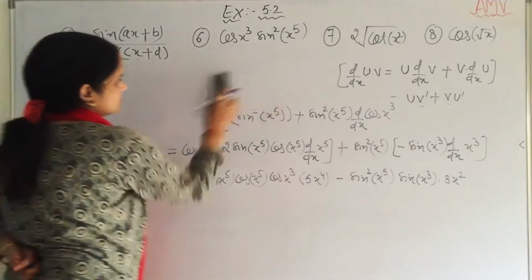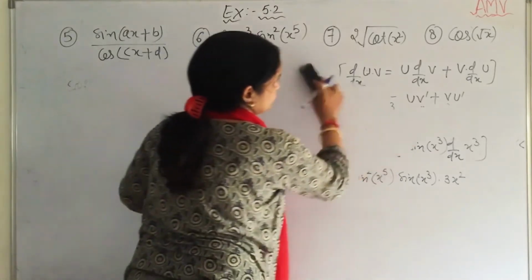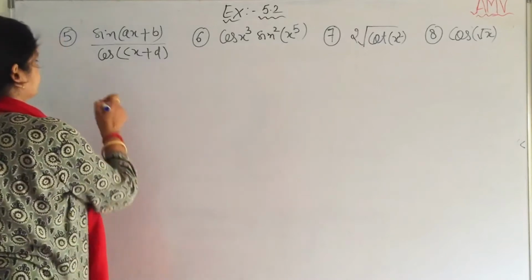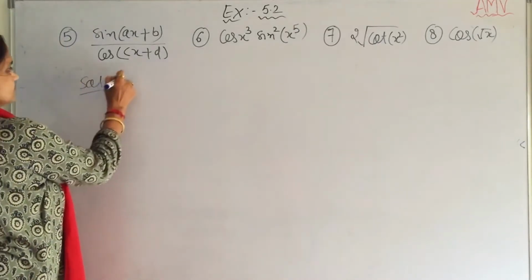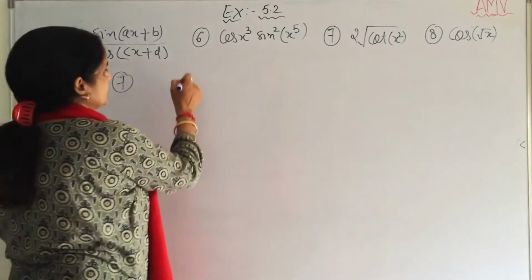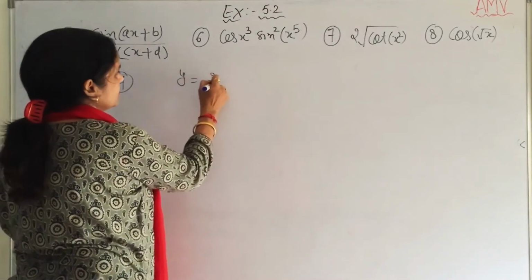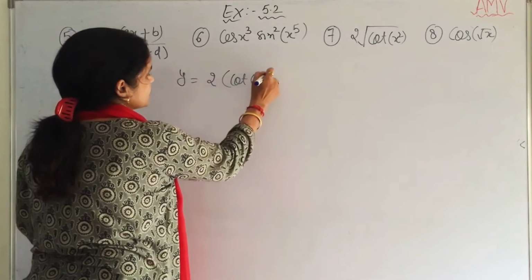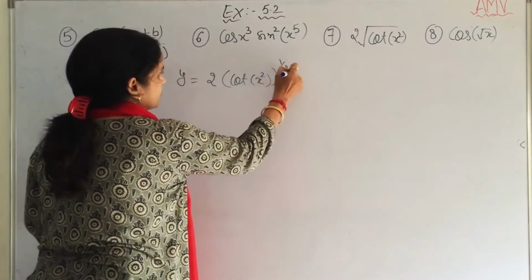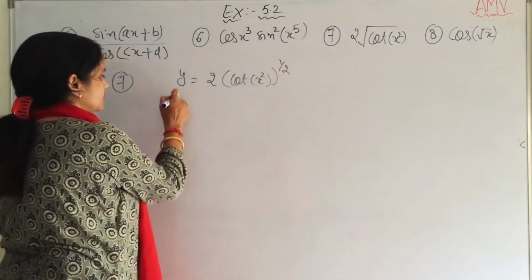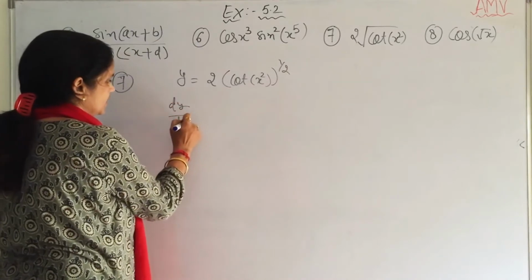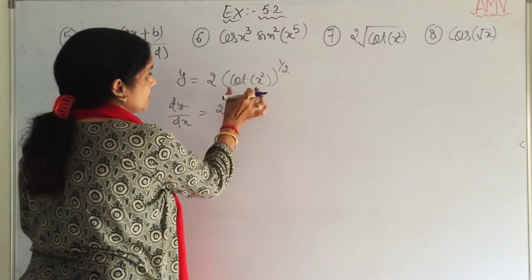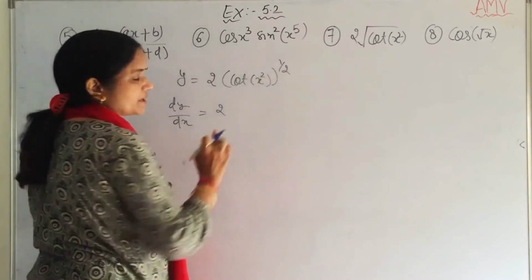Question number 7. Let y is equal to 2 cot x square to the power 1 by 2. So dy upon dx, write as it is, the derivative of cot x square to the power 1 by 2.